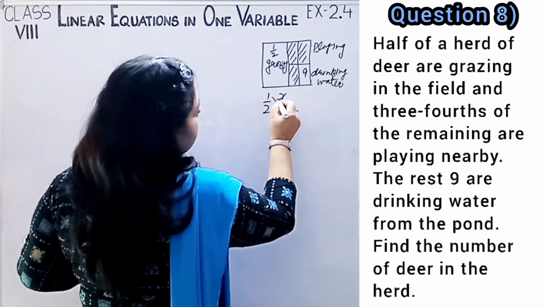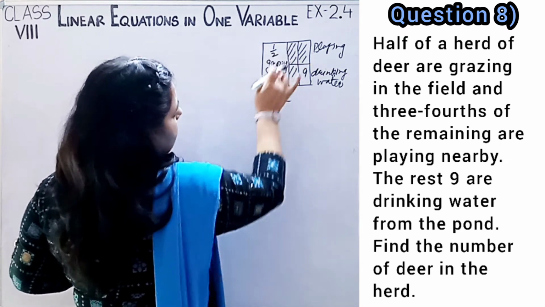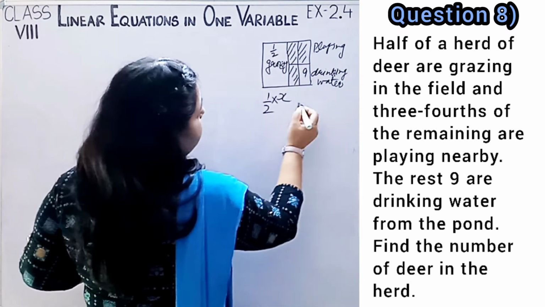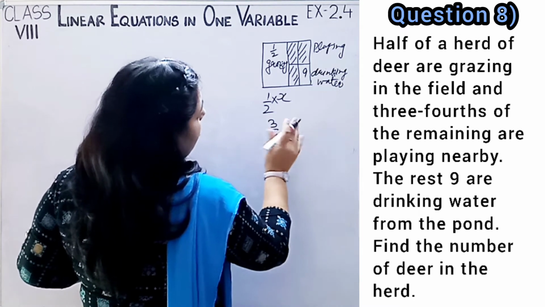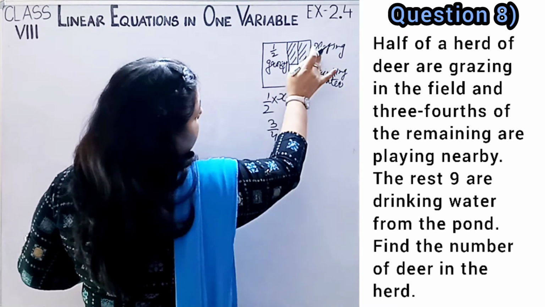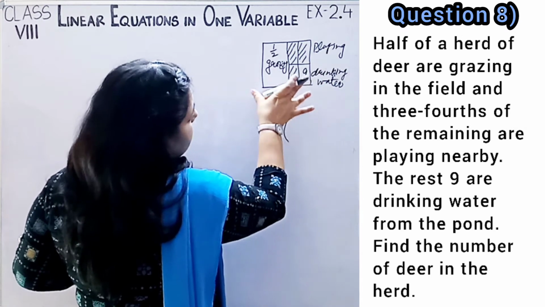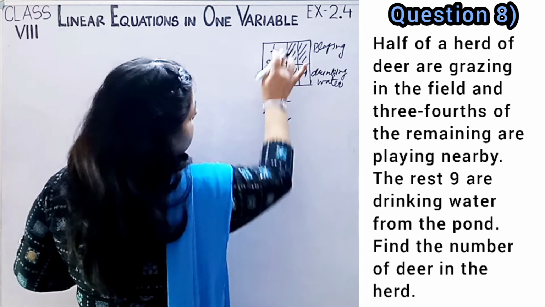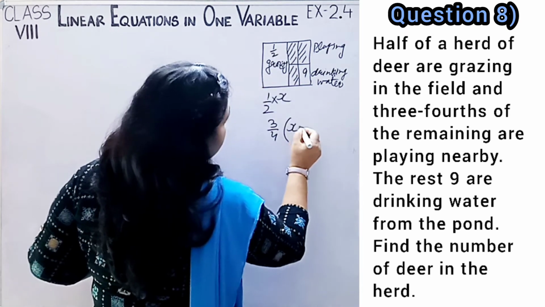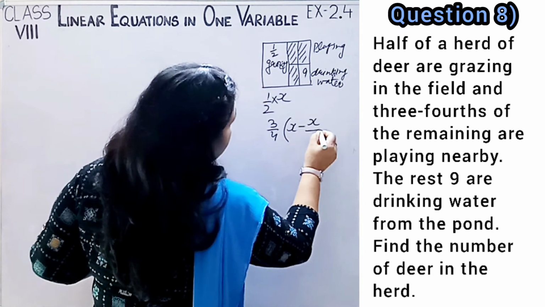Half of this x grazing, then 3/4 of the remaining part, means total x, remaining part is x minus this part. So x minus x by 2.